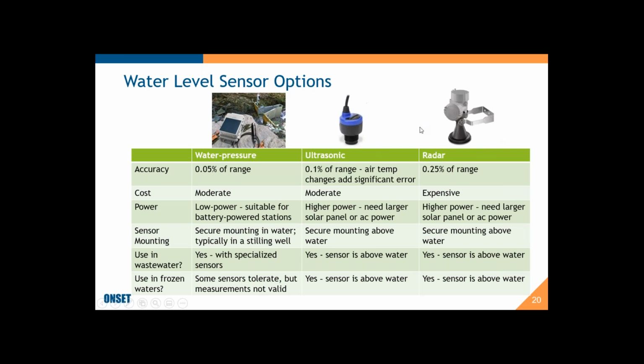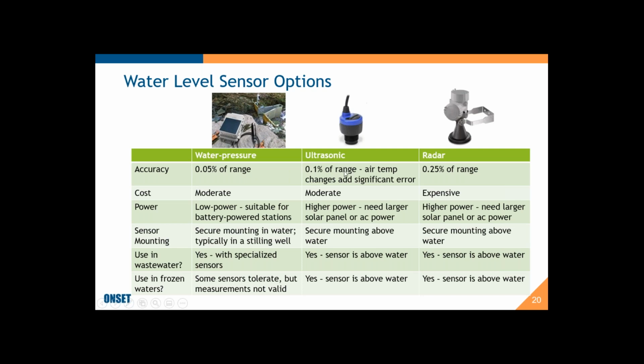The ultrasonic and the radar sensors sit above the stream or the water flow through the Weir or the Flume, and measure the water level by measuring the distance to the water. The pressure-based ones are measuring the water level based on the pressure of the water above it. You can get probably the best accuracy with water pressure based sensors.